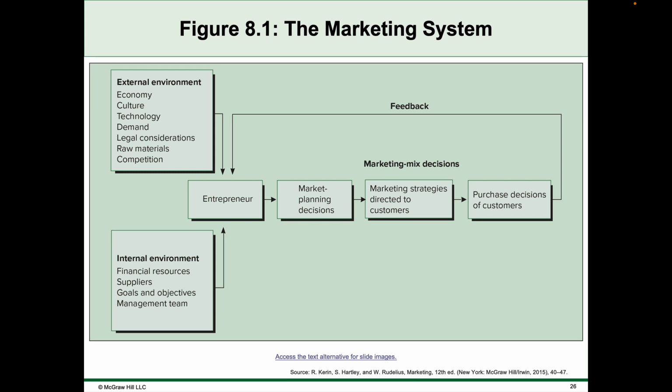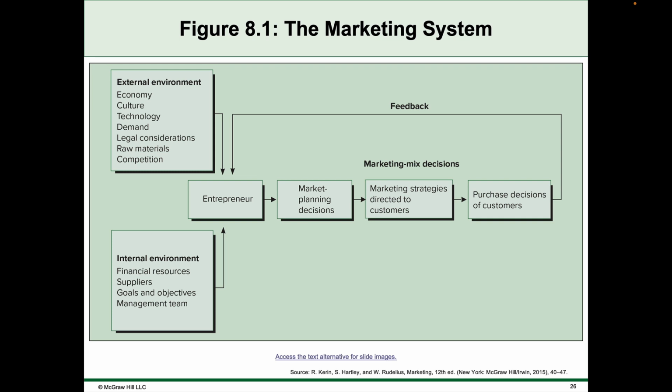So factors in the external environment and factors in the internal environment, they both feed into the marketing mix decisions. In other words, the marketing mix decisions you make will be influenced by how much and what you know about the external environment and the internal environment.